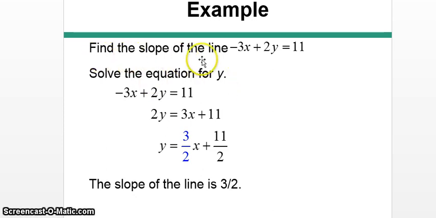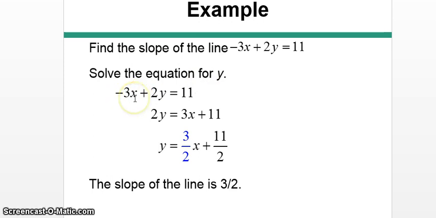Find the slope of the line minus 3x plus 2y equal to 11. Solve the equation for y.